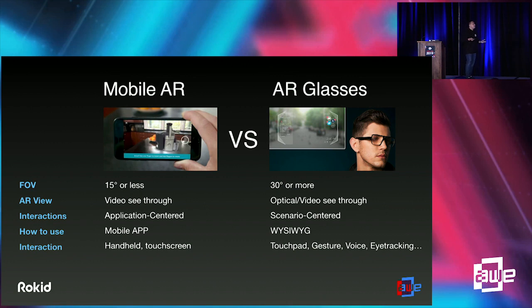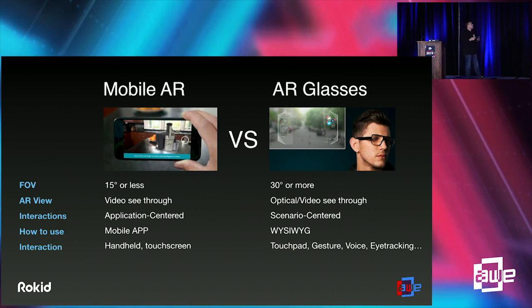As a developer, we should know the difference between mobile AR and AR glasses. Mobile AR, since it uses a smartphone, usually has a smaller FOV, only 15 degrees or less, and usually uses a video see-through display, as I mentioned.